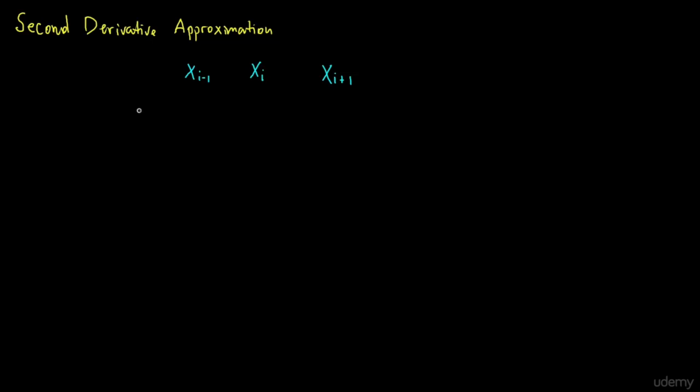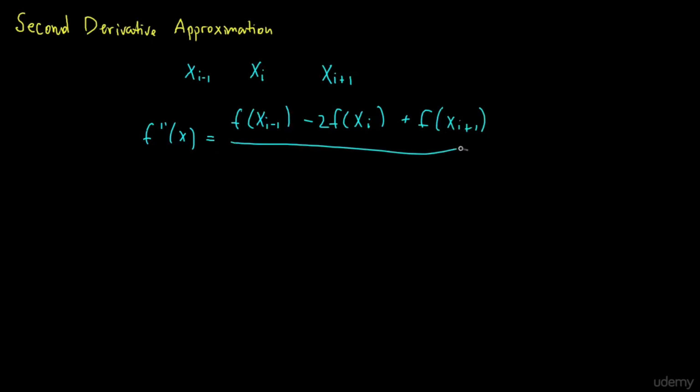So essentially we have the formula, in fact, a 3-point central difference formula for second derivatives. A second derivative at a point x can be approximated as f of x i minus 1 minus 2 f of xi plus f of x i plus 1, all divided by delta x squared.